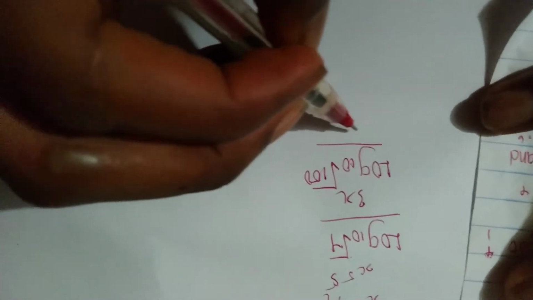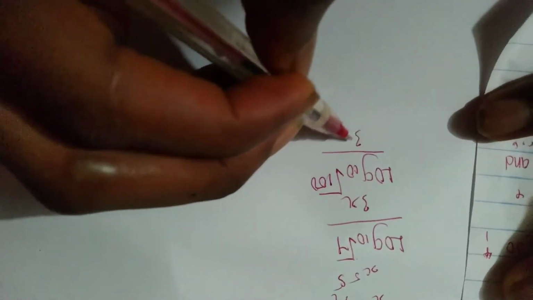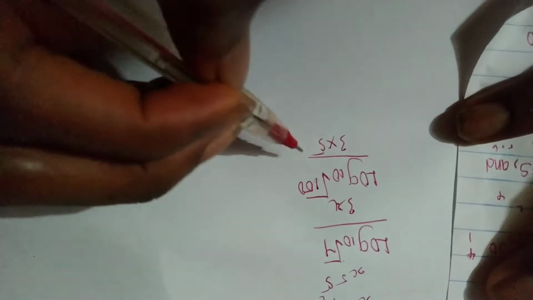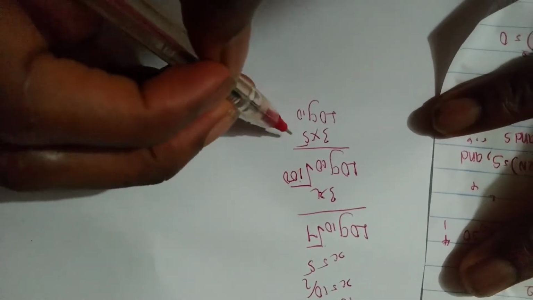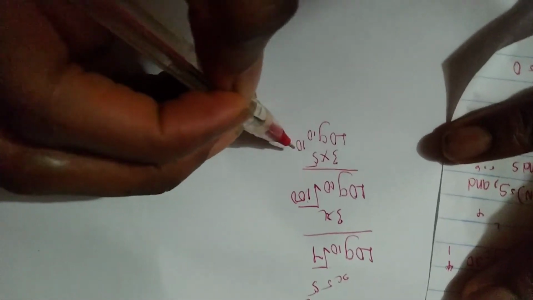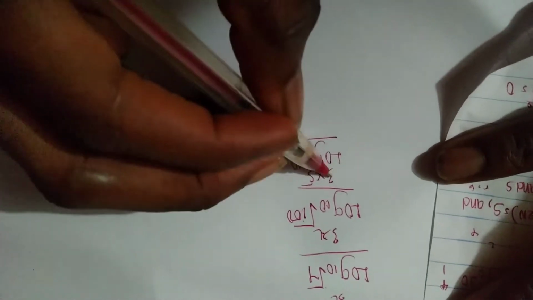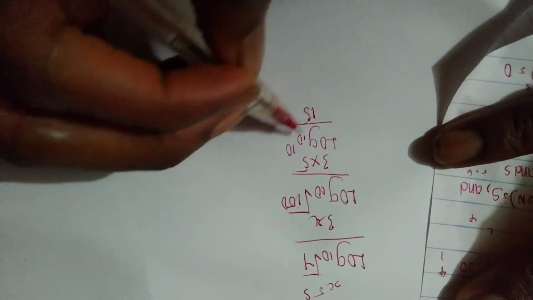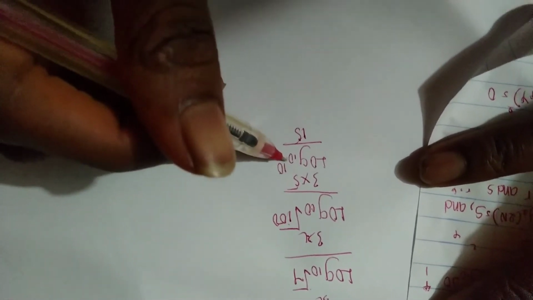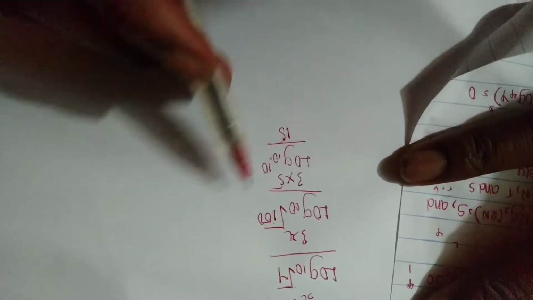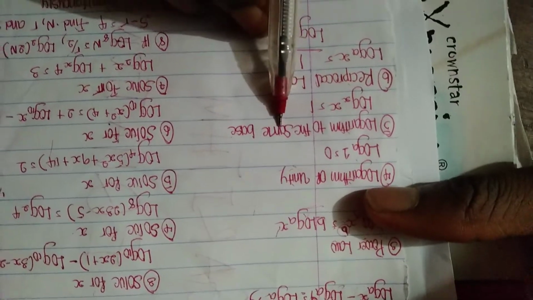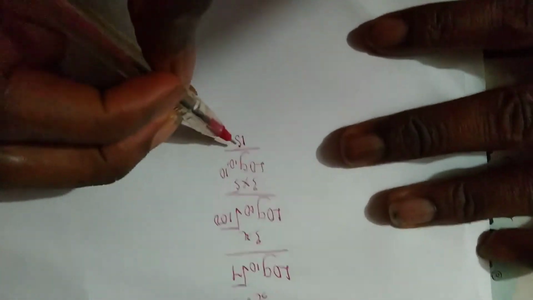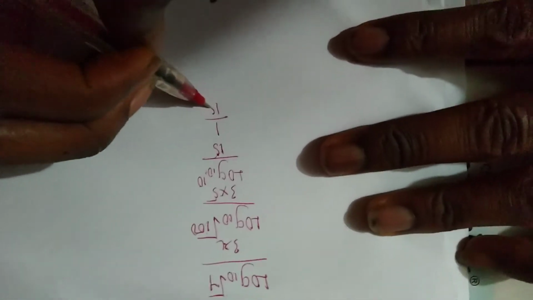Our x is 5. So 3 times 5. The log base 10 of 100 should be 2 if I'm not wrong. 3 times 5 is 15. So that is our answer.